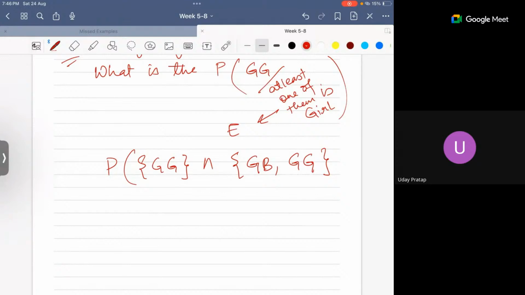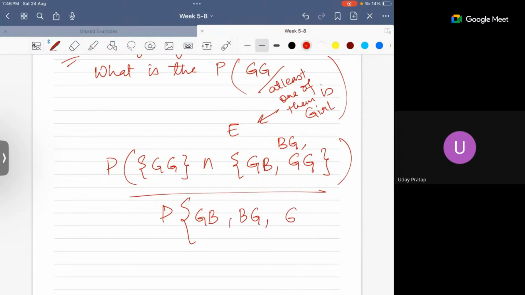Now, if you take the order also, you're left with three conditions. And the whole condition should be the probability of at least one of them being a girl: GB, BG, and GG. Correct?